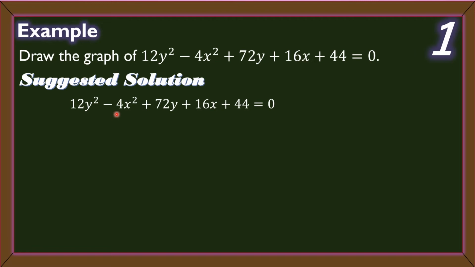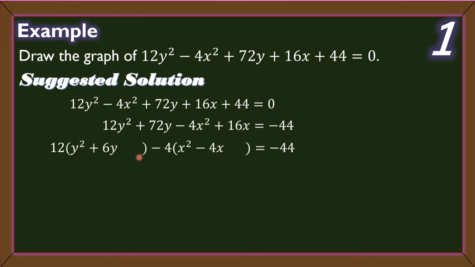12y² − 4x² + 72y + 16x + 44 = 0. From here, we are going to form two perfect square trinomials in y and x. So we're going to rearrange the equation so that we have 12y² + 72y − 4x² + 16x, and then subtract 44 from both sides of the equation so that on the right-hand side we will have −44.